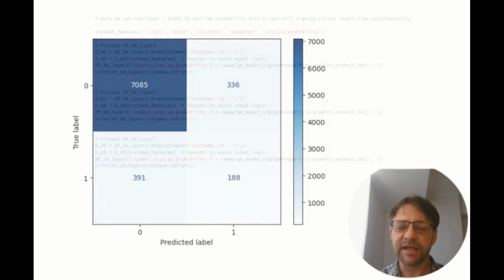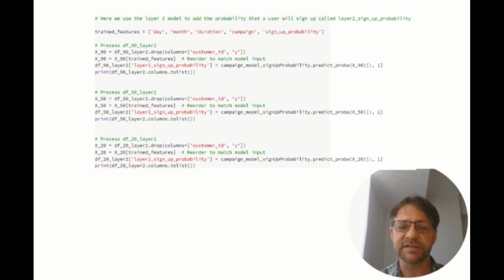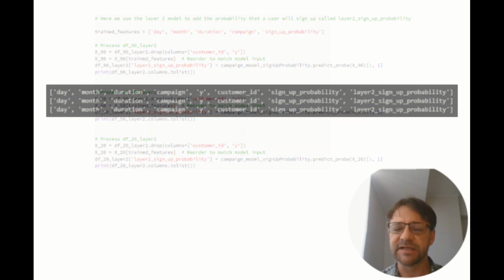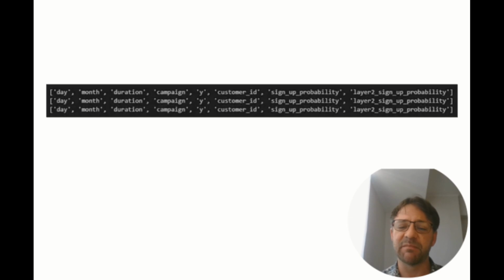We can then use this model to add a layer two sign up probability feature to our processed data sets. So here I'm just adding a layer two feature to the filtered data sets that we created earlier. And you can see that now we have these data frames with day, month, duration, campaign, sign up probability, and layer two sign up probability.